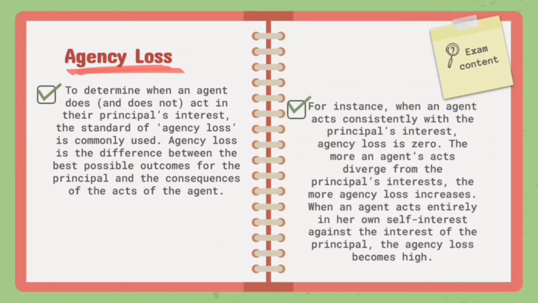For instance, when an agent acts consistently with the principal's interest, agency loss is zero. The more an agent's acts diverge from the principal's interest, the more agency loss increases. When an agent acts entirely in her own self-interest against the interest of the principal, the agency loss becomes high.